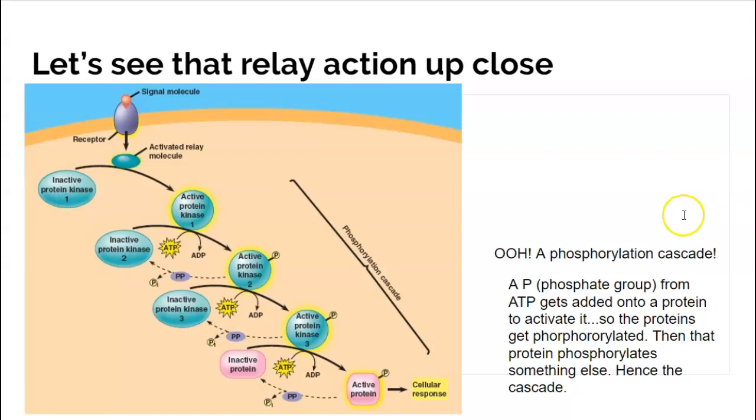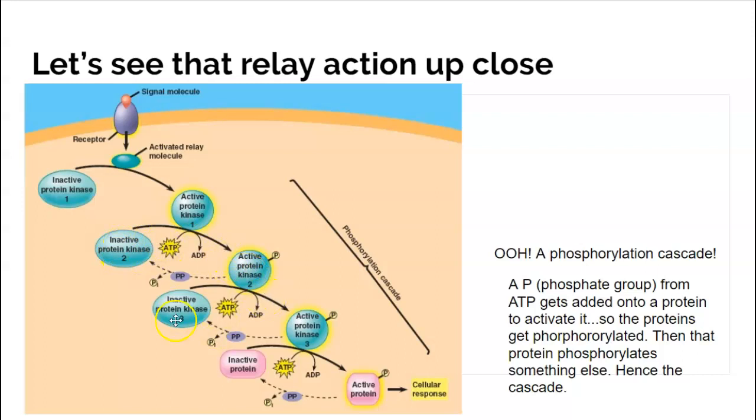So basically, when our ligand changes shape, this is going to activate, kind of turn on, this molecule. And now this one is active. Then we're going to use up some ATP, and one of these phosphate groups is going to come on here. So this one is now activated. Great.